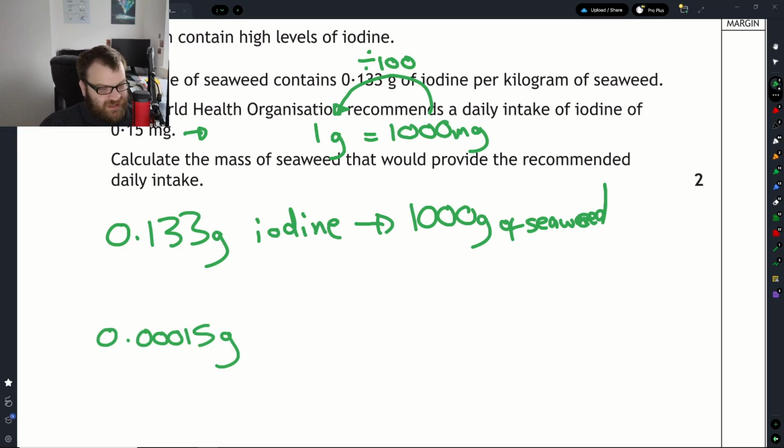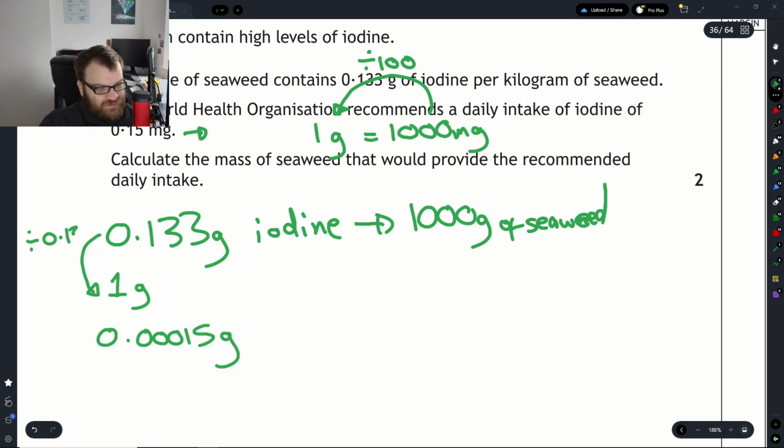When I'm doing my scaling, I always like to go through 1 gram. I want to go from 0.133 to 1, so I can divide down by itself. Then go from 1 to any number, you just times by the number you want to get to. So, the value of grams there, and I want to do the same on the other side.